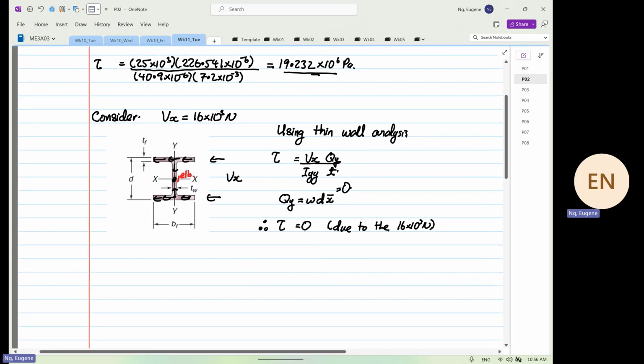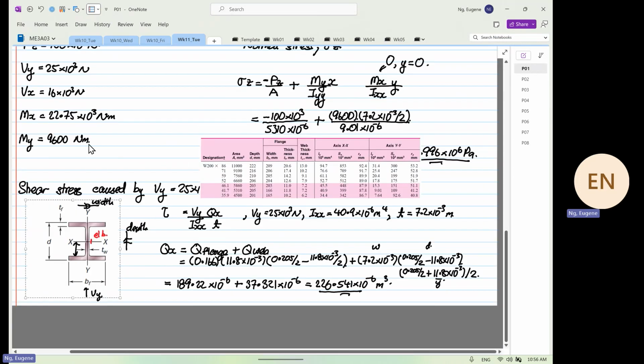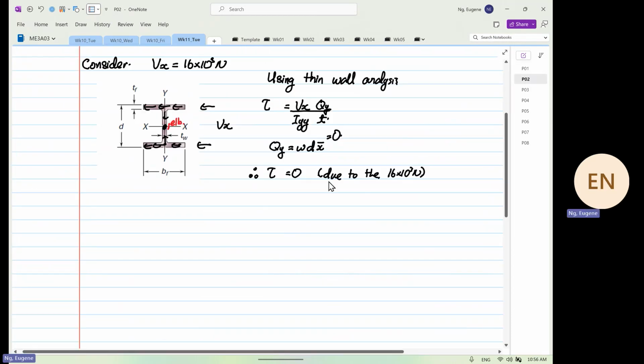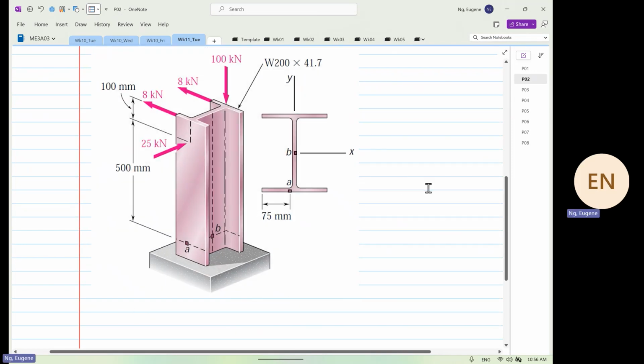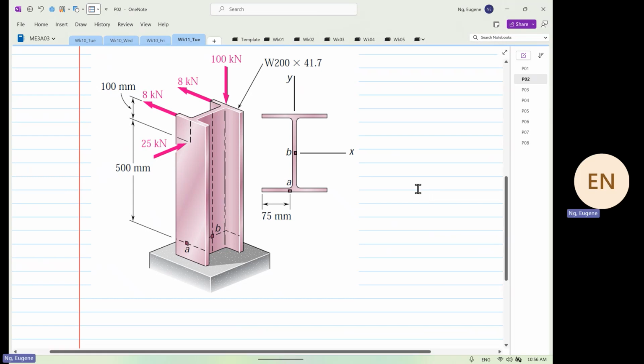So the next thing we're going to do is construct the element. Yes? Say it again. What do you mean, draw this on the shear force diagram?